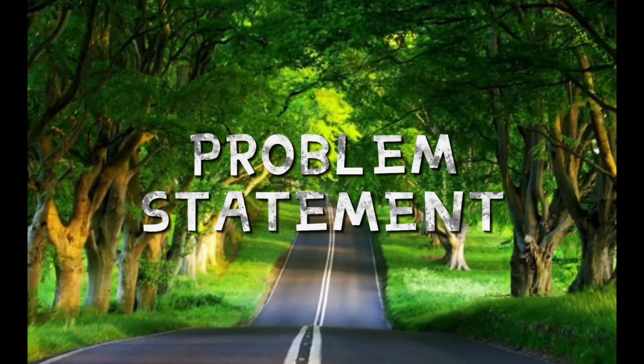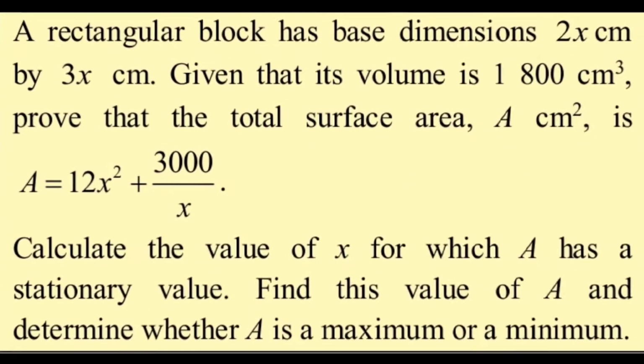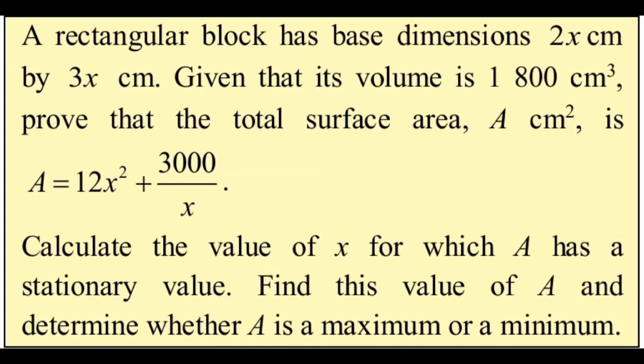So, for a deep understanding of this topic, let's move to an example question. This is the example question. The problem statement states that a rectangular block has base dimensions 2x cm by 3x cm, given that its volume is 1800 cm³.